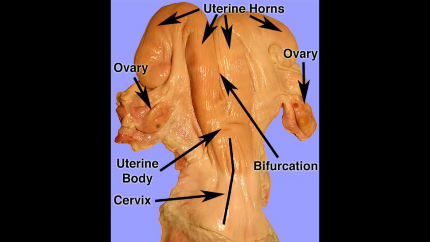The size of the ovaries varies with the stage of the reproductive cycle and age of the female, but generally they are 1 to 2 inches long.